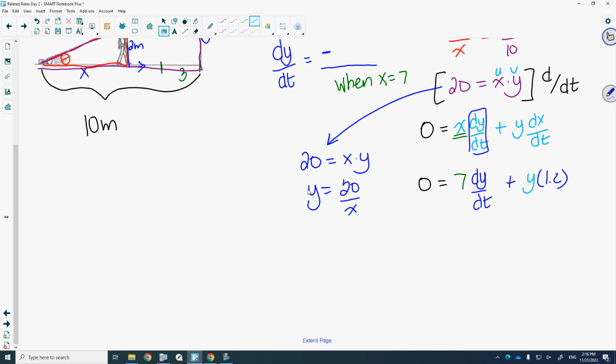And do we know what x is? Yes. So y is actually 20 over 7. Because you'd say to yourself, was there something fixed that I was missing? But no, it's just that y is 20 over 7. So now I've got 0 is equal to 7 dy dt plus 20 over 7 times 1.2.